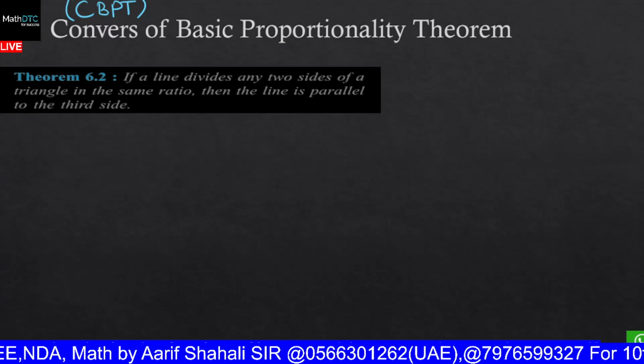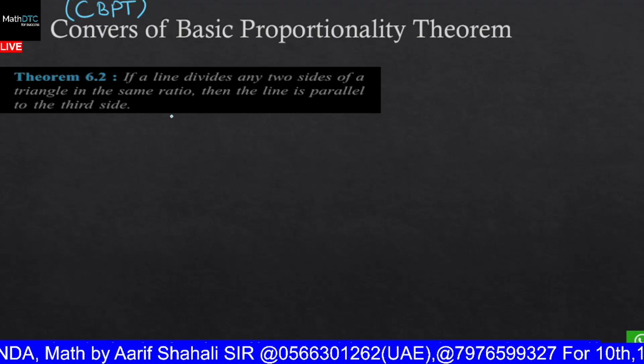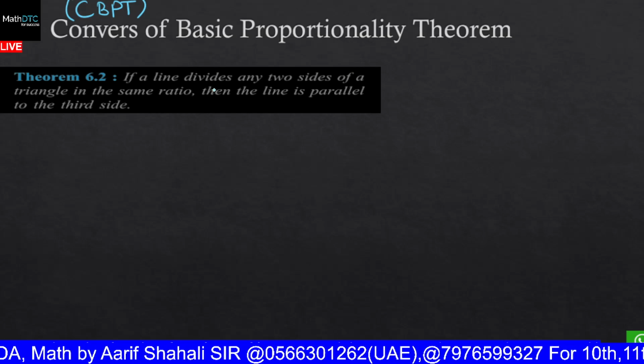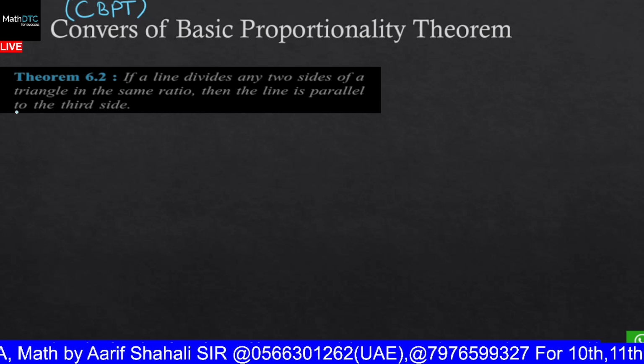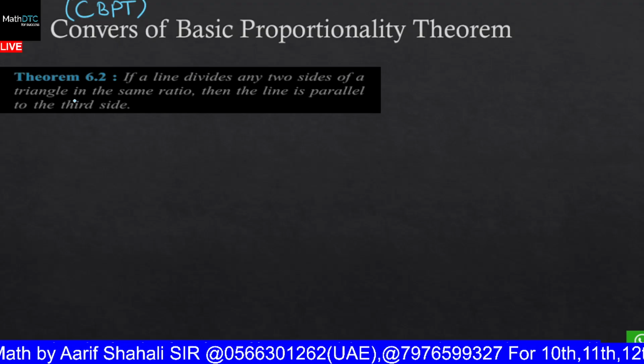But in the converse of BPT, the statement is: if a line divides two sides of a triangle in the same ratio, then the line is parallel to the third side.